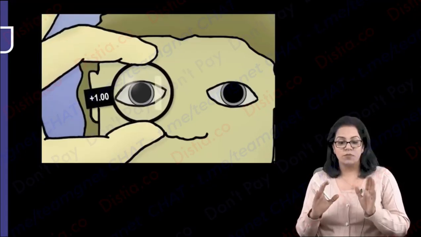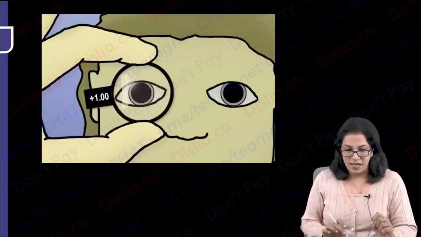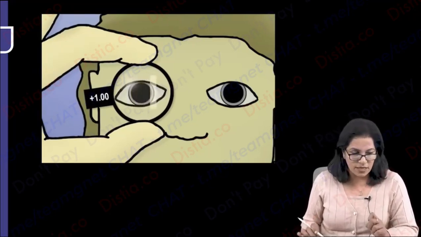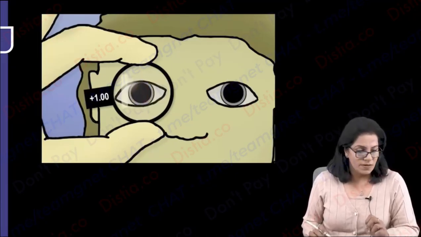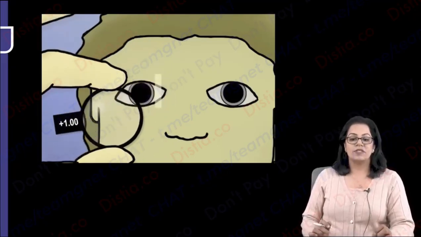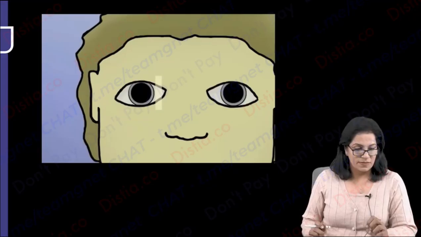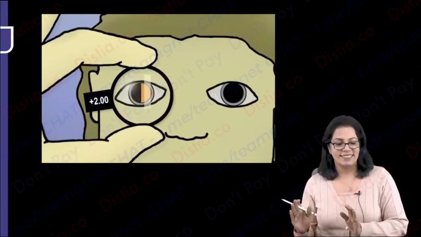After I know it is with the movement, I try to neutralize with plus lenses. See, I try this. Oh, it is still with the movement. Right? Now I increase the strength further. For +2, it is still moving as with the movement.